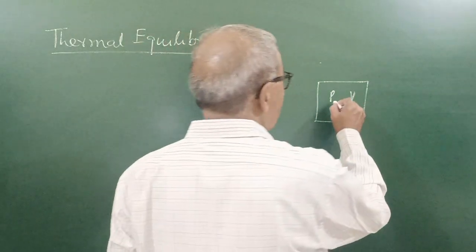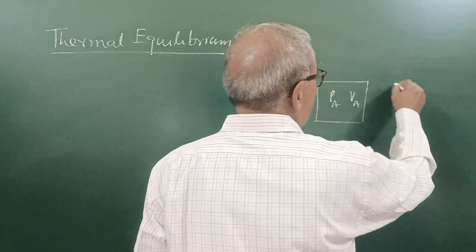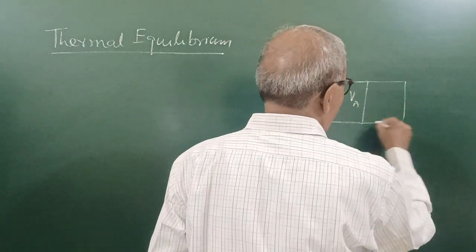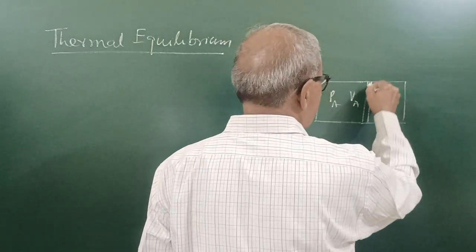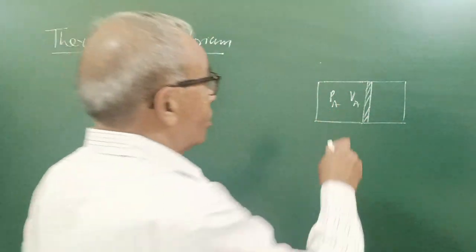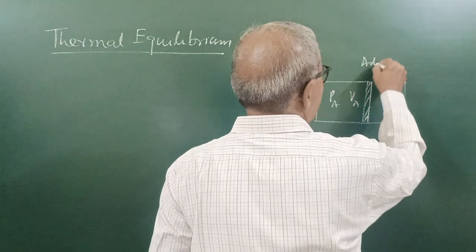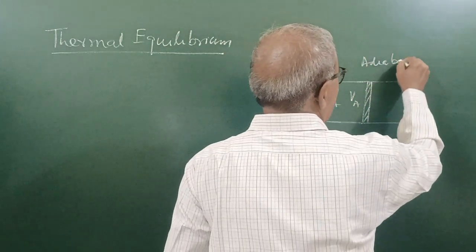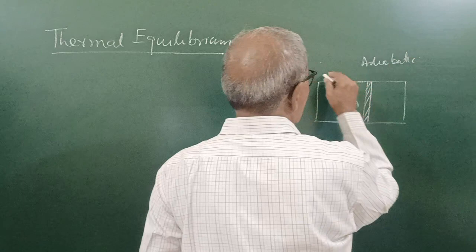Suppose this is gas A and there is gas B. They are placed with an insulating wall between them, also called an adiabatic wall.